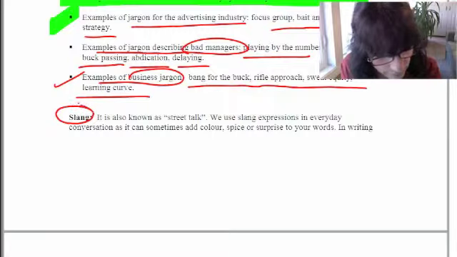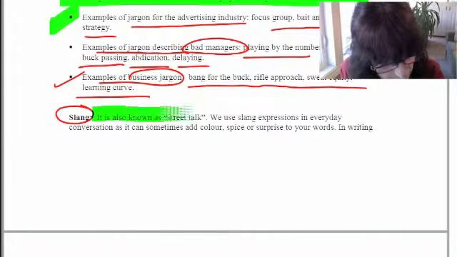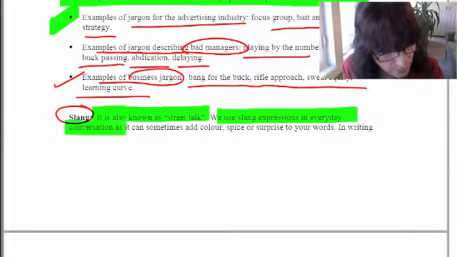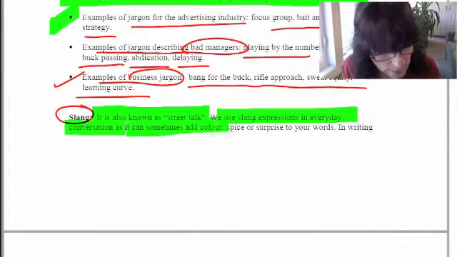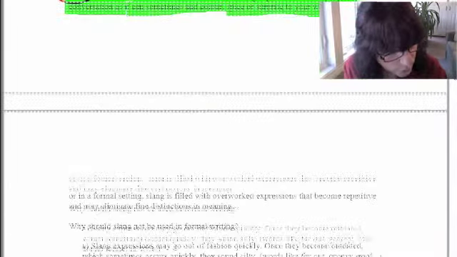Another use of language is slang. And this slang, I want to talk about what it is and when you should avoid the use of slang. Slang, another term for it is street talk. We use slang expressions in everyday conversation, and that's fine in everyday conversation because it can add color, spice, sometimes surprise to your words.